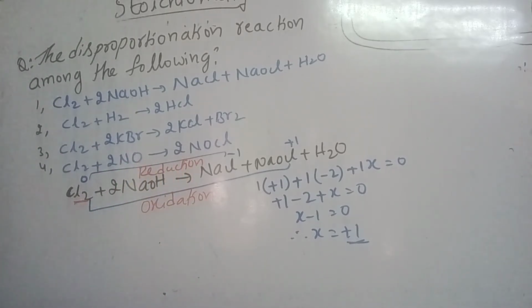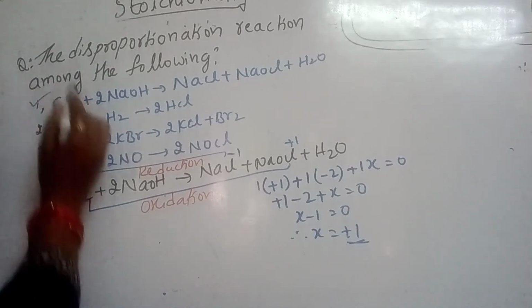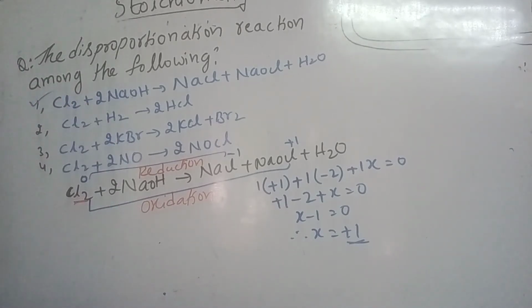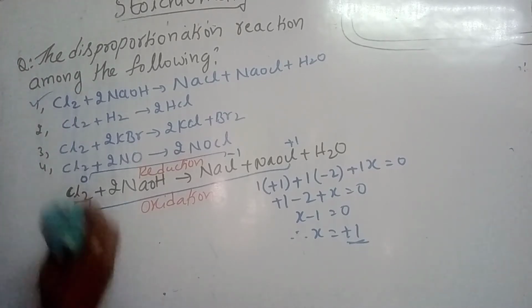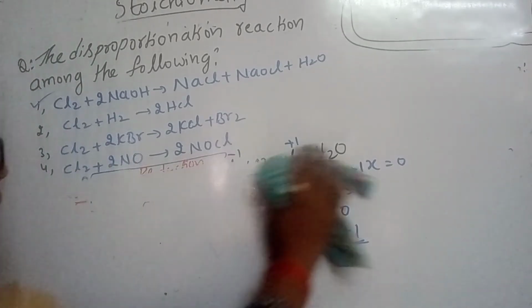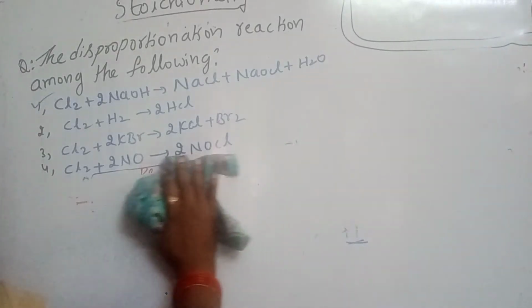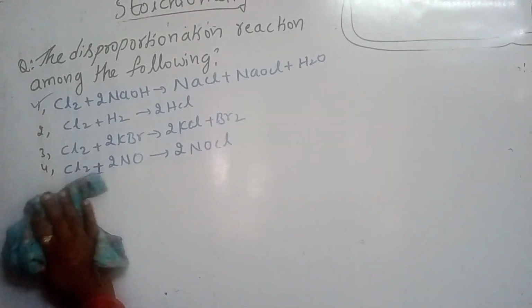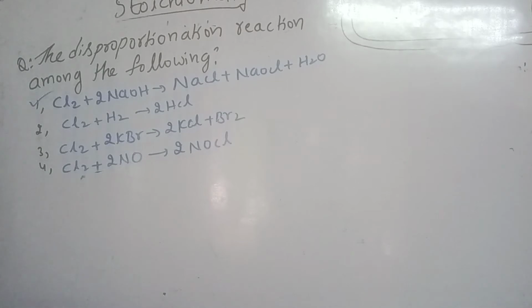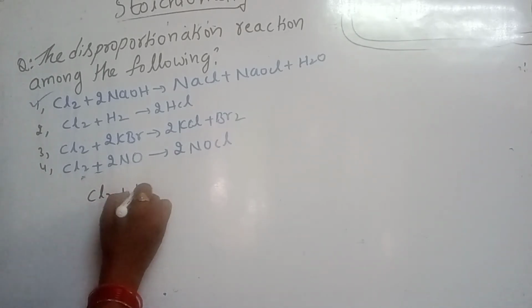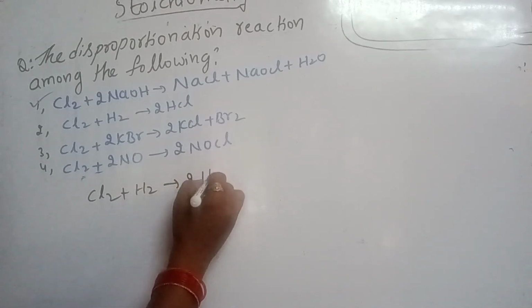So the first reaction is a disproportionation reaction, isn't it? To take the second option, actually the first is the correct one, no doubt, but to see the second reaction: the given one is Cl2 plus H2 gives 2HCl.